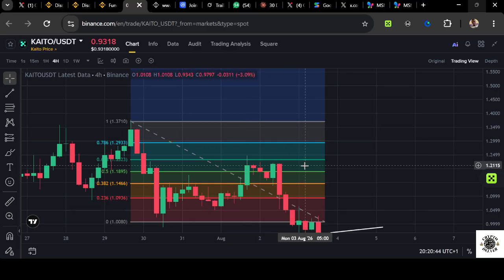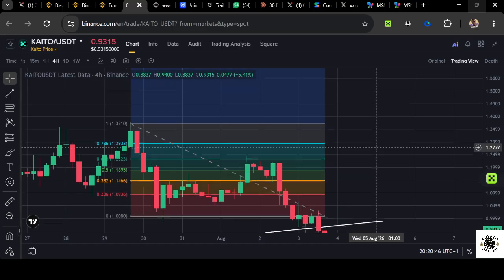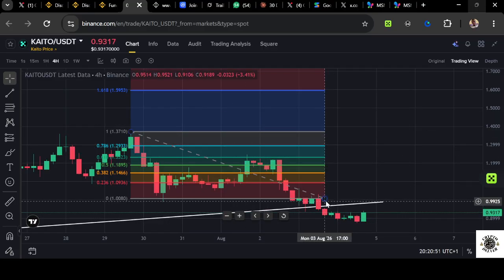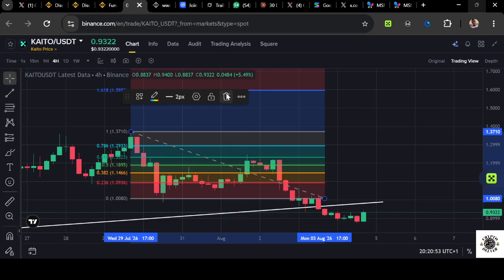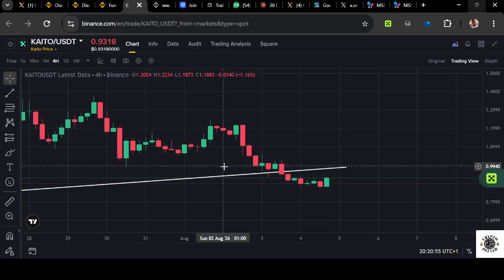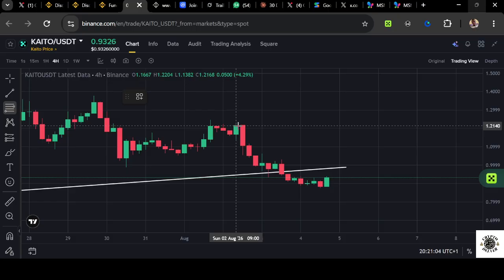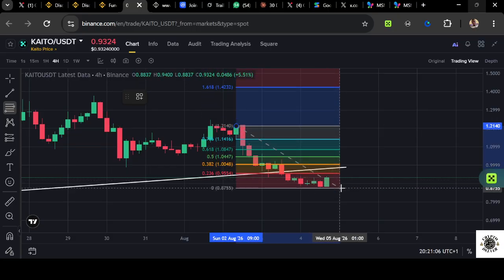Now let me just quickly draw it again. When you draw this Fibonacci retracement again, let's look at what we have here. Let me just delete this. Now that we have achieved it, we need to draw from this point to this lowest point to know where it's going to get to. So let me click on this place and draw from this point to this lowest point.